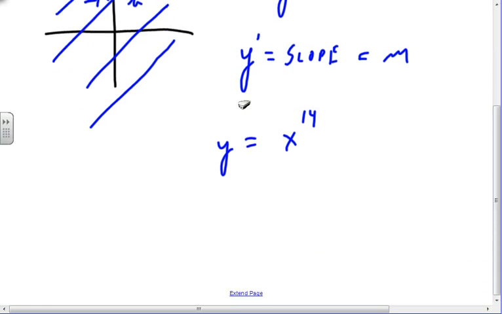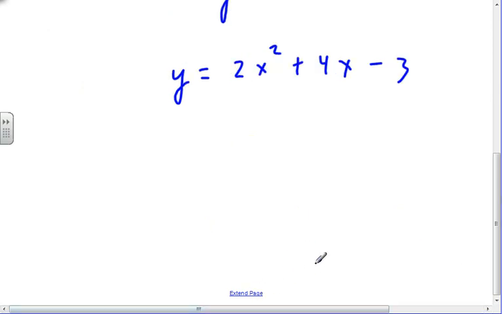We'll look at y is equal to 2x squared plus 4x minus 3. Too hard. Can't possibly do it with the procedures we have in chapter 21.4, right?